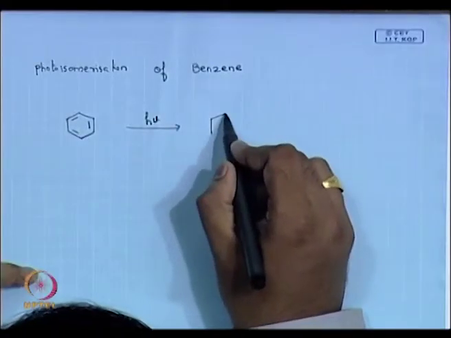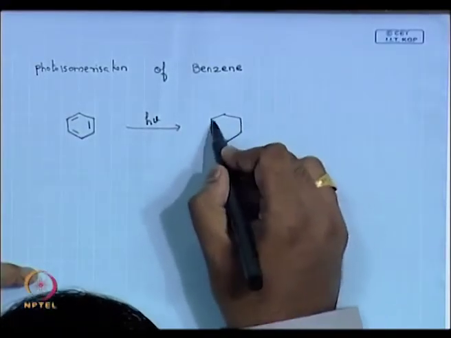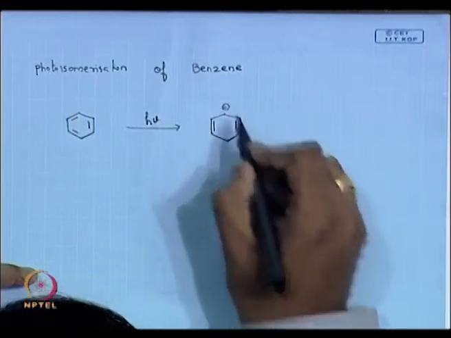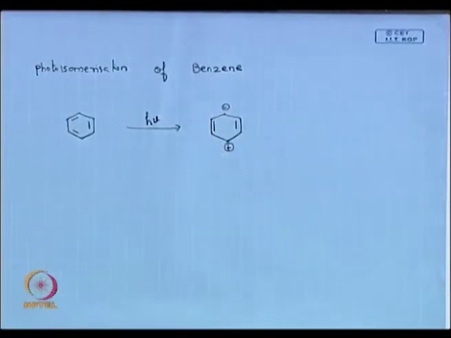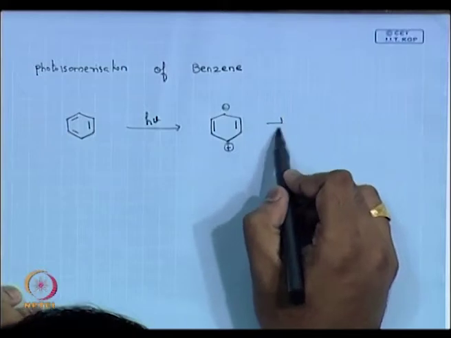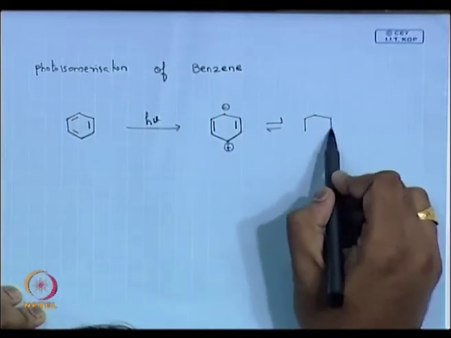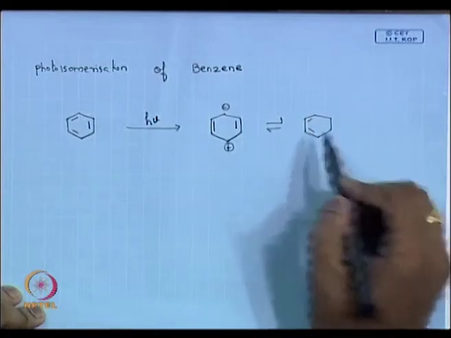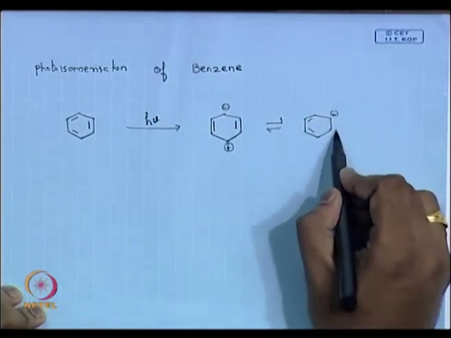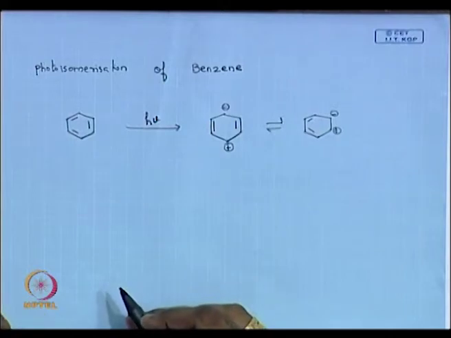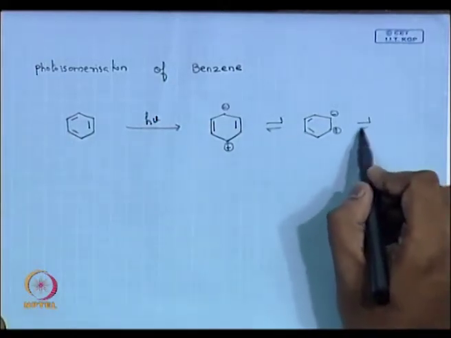We'll see how we get those products. See, when you take benzene, this is how it exists in the singlet state. Fine. So, I can write this state like this, and it can also exist like this.